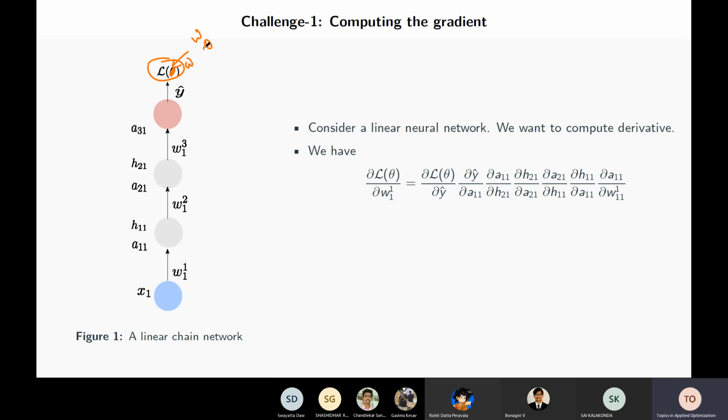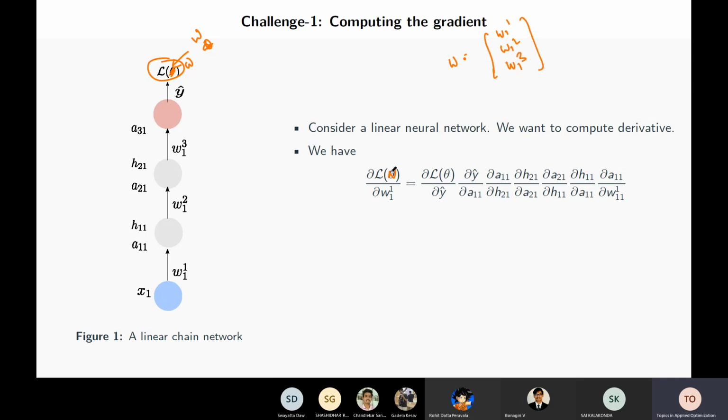So let me write it W here, because the weights are indeed W here. I made a mistake, it should be W. So this is a loss function of W, where W collects all the weights. In this case, W is a vector of unknowns, which are W11, W12, and W13.